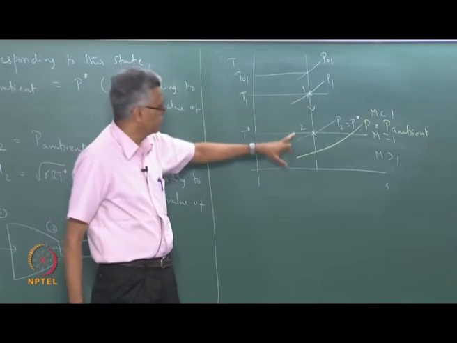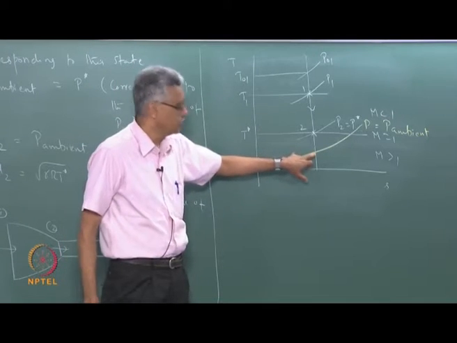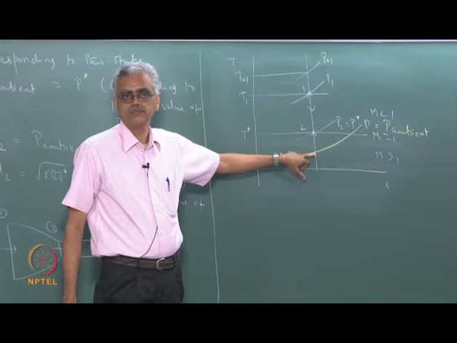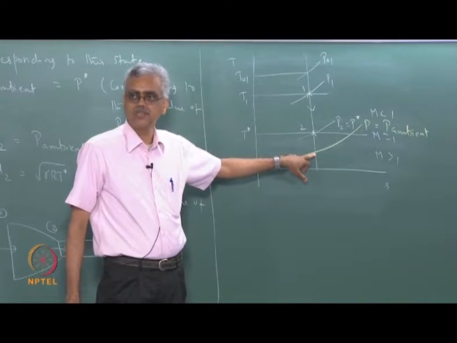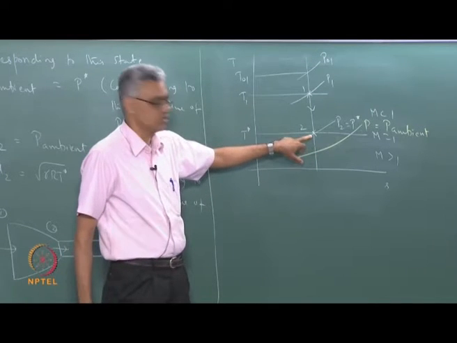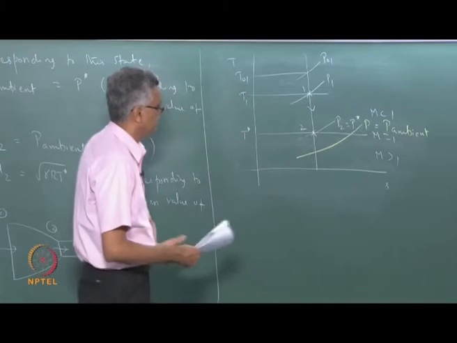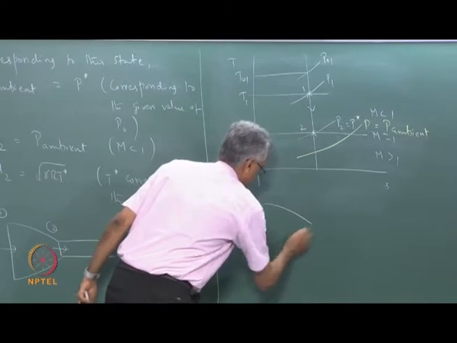There is no scope for it to expand to this value, because then what would happen here? If it expands to this state, what would be the Mach number? Supersonic. If the Mach number is supersonic here, that means it must have gone through the sonic state at some other cross section. So we are saying that the nozzle looks like this.